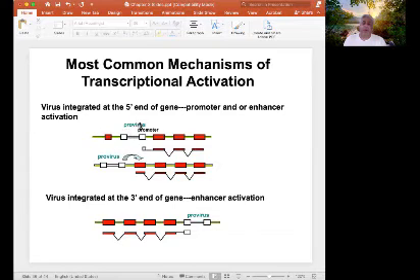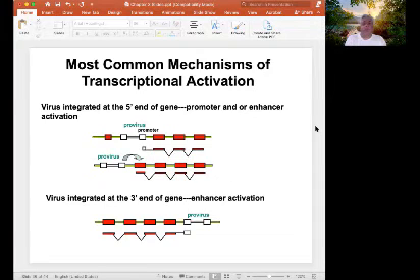So if the provirus, which is the integrated version of the nucleic acid of the virus, gets into different places, depending on which places it enters, it can also lead to an acceleration of the production of these proteins, which are oncogenic. So keep an eye on that. It doesn't always have to be just upstream of the gene.